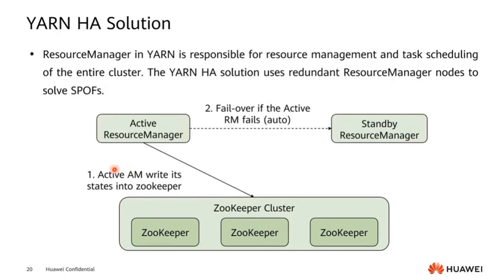Similar to HDFS HA solution, resource manager HA solution allows only one resource manager node to stay active at a time. When the active resource manager node becomes faulty, failover can be triggered automatically or manually to switch between active and standby states.